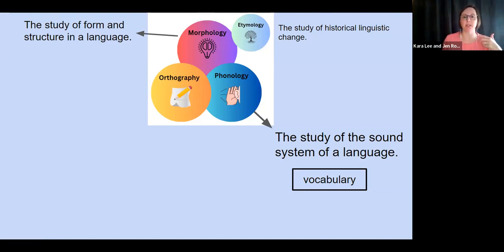Okay, good. Shannon, phonemic awareness. Phoneme, yeah. Shannon, save grapheme for a little bit later. When we're talking about phonology, we're talking about all things sound.